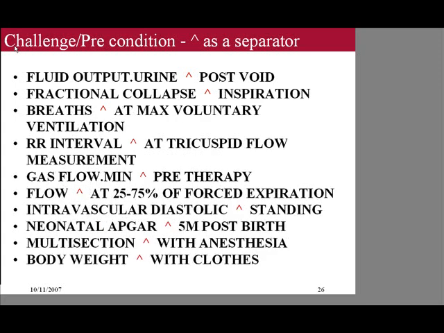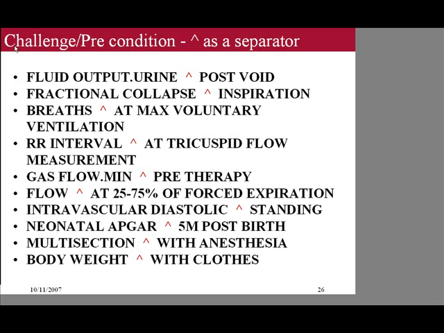You can also have challenges or preconditions around these measurements. So you can have, for instance, urine output, and in that case we're using an up hat or a caret to limit this part, to say that this is the urine output after post-void.